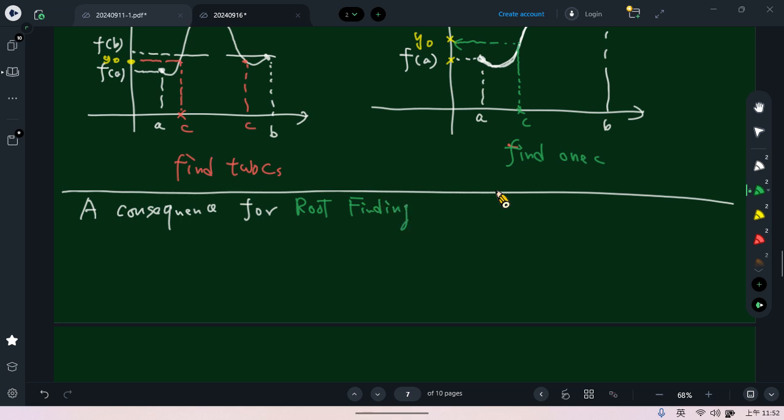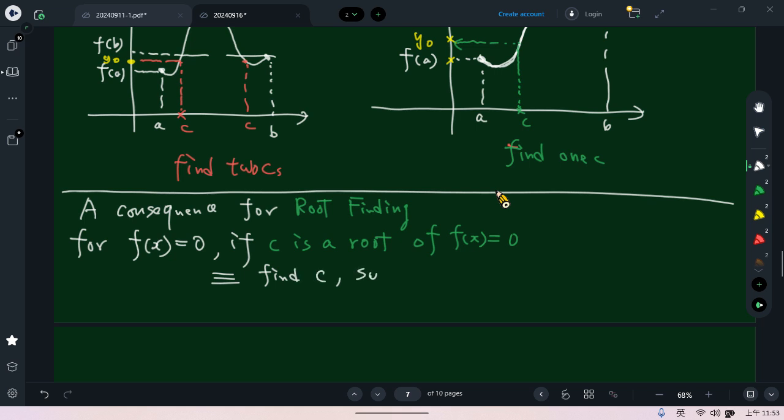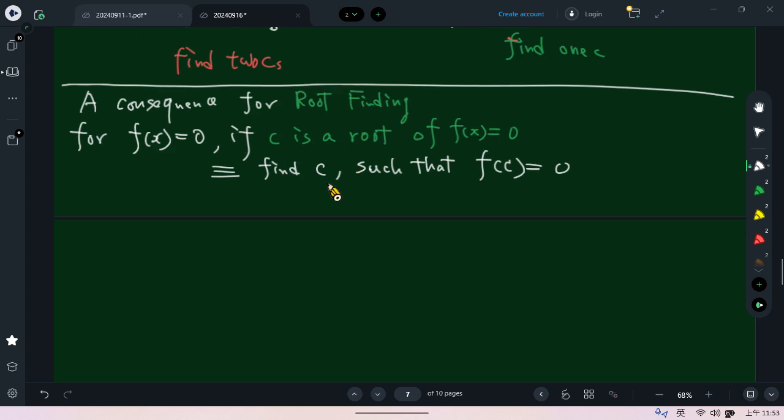For example, if c is the root of f of x equal to 0, that is equivalent to saying we can find c such that f of c is 0, right?